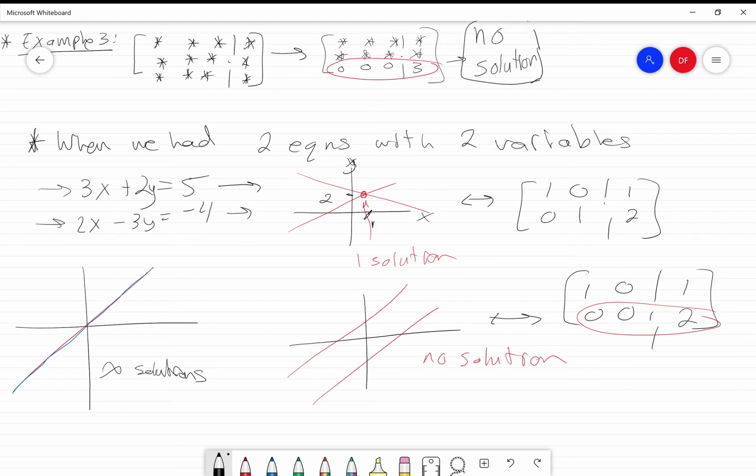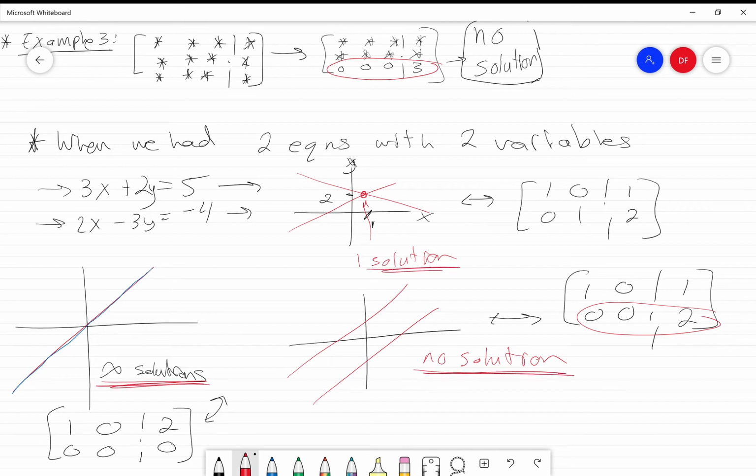And this would correspond to something that looks like this. 1, 0, 0, 0, 0, 2, for example. Okay? So here we can see the geometry of what it means for a system of equations to have one solution, to have no solutions, to have infinitely many solutions.